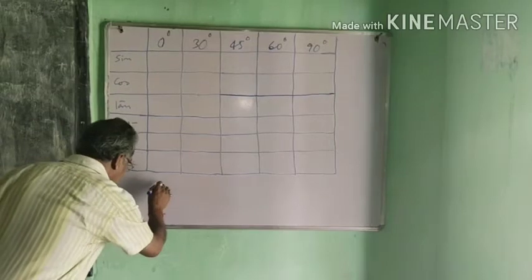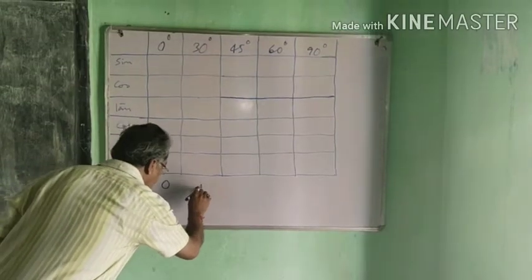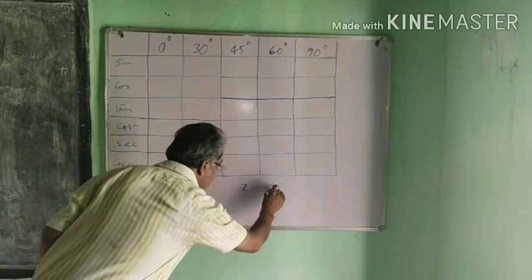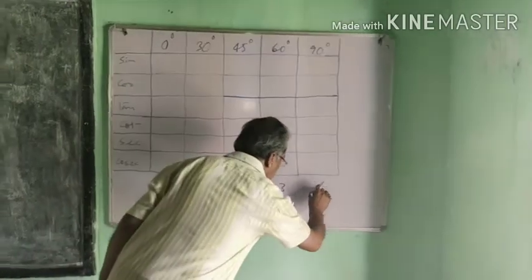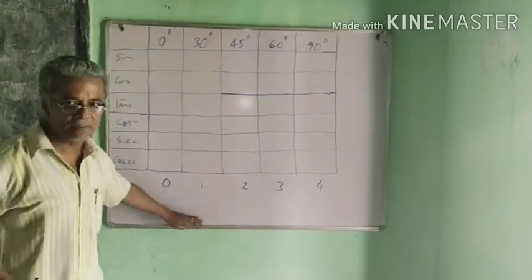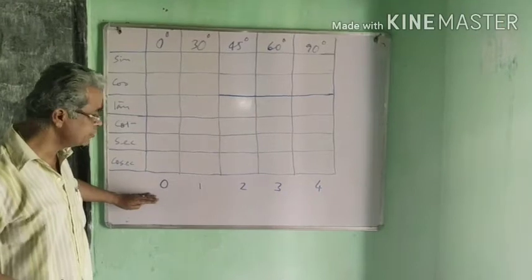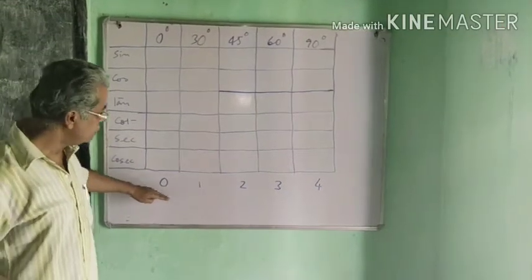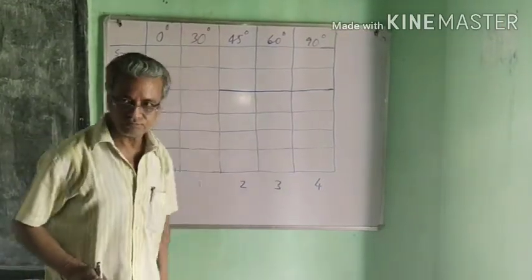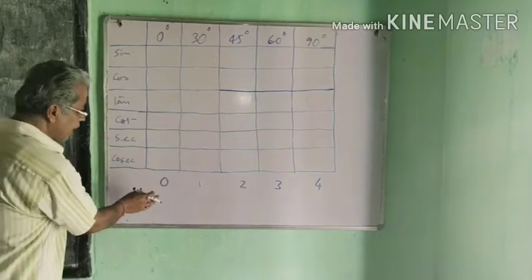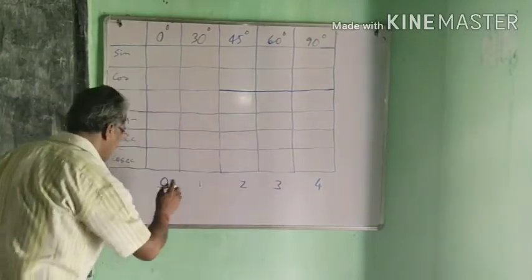How? 0, 1, 2, 3, 4. We can easily remember, starting from 0: 0, 1, 2, 3, 4. Now divide all these numbers by 4.